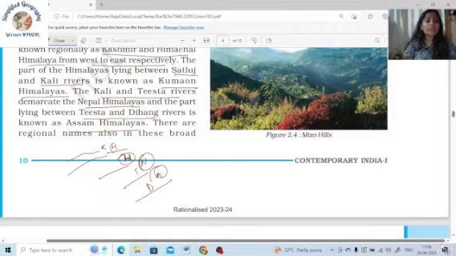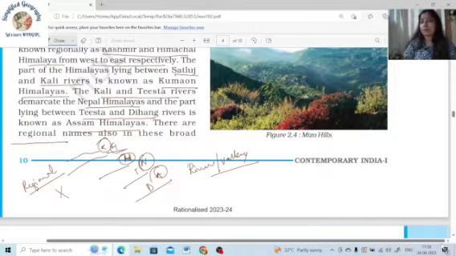If asked to regionally divide the Himalayan ranges, the division will be Kashmir Himalaya, Himachal Himalaya, Nepal Himalaya, Assam Himalaya. With the help of rivers or river valleys, we can divide it. So do not get confused. Many students write down the longitudinal division, then your answer will be incorrect. If they are asking for the regional names by river valleys, then your answer will be this. Okay. Moving on to the next.